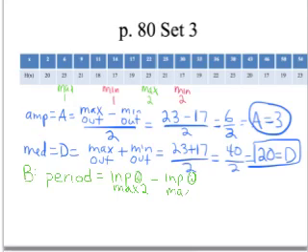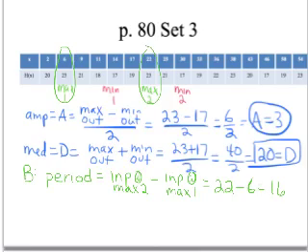If I look at the input at max 2, I get 22, and the input at max 1, I get 6, which gives me 16. You can check it: input at min 2 minus input at min 1 is also 16. So we have the period is 16.